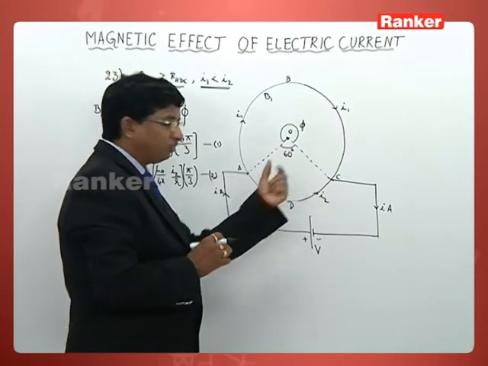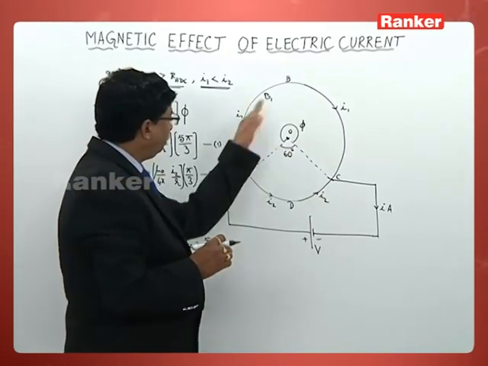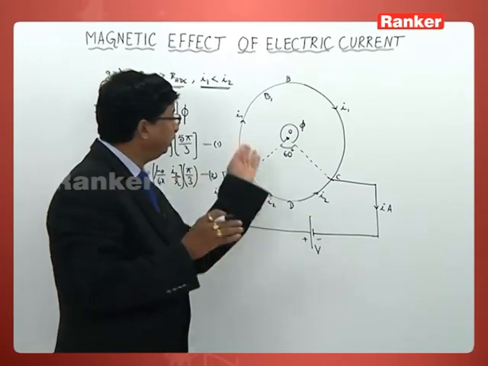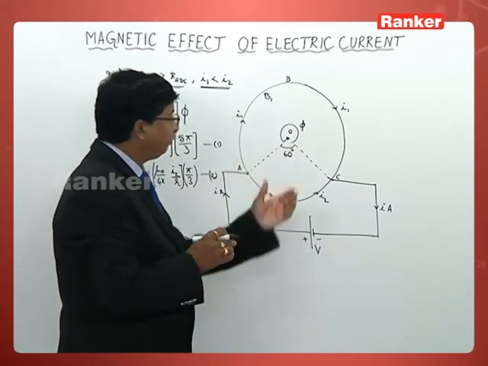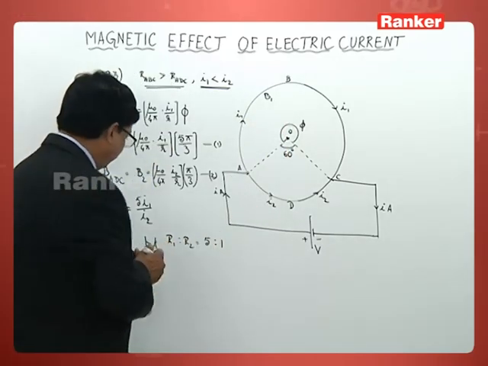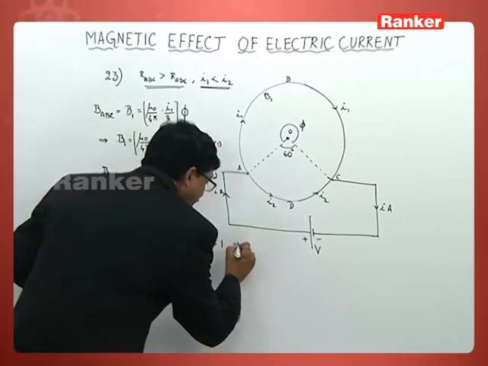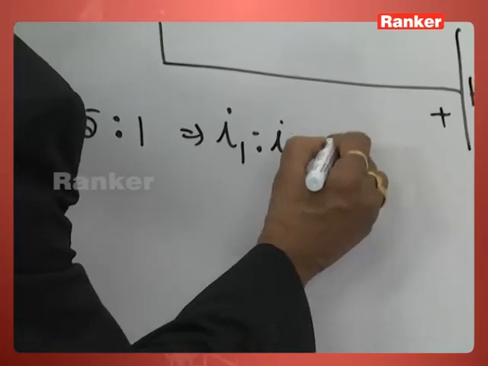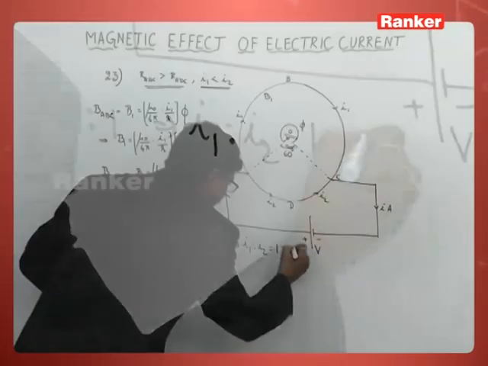This is 60 degrees. What is remaining? 300 degrees is remaining, that is the angle covered by the remaining part. Therefore, 5 is to 1, I can write the resistance values. This implies what would be the ratio of currents now? Is it not 1 is to 5?